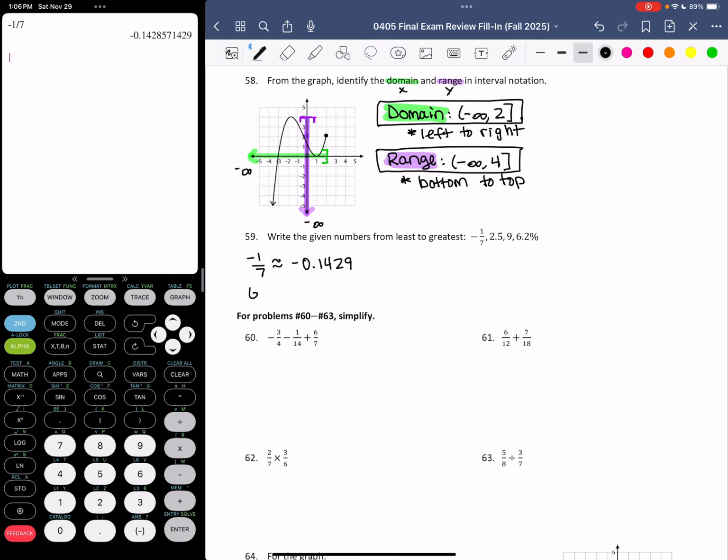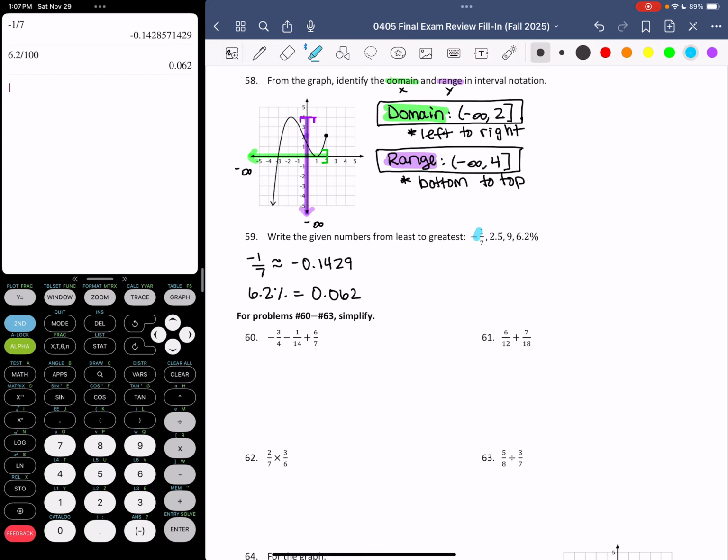But we have 6.2%. And remember that percent means per 100. So if I put 6.2 divided by 100, this is going to be equal to 0.062. So now these are written in equivalent formats.